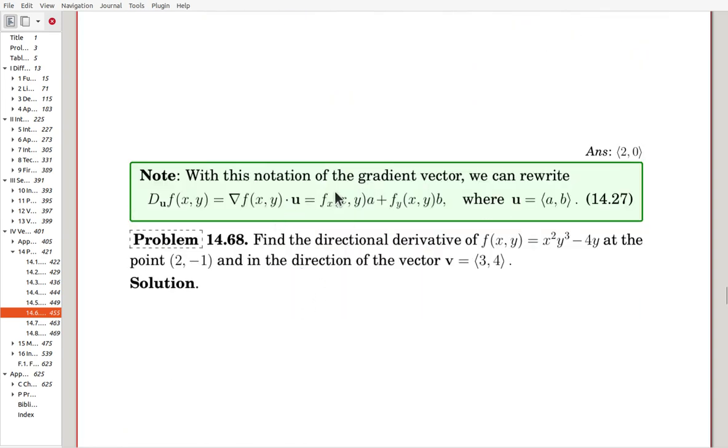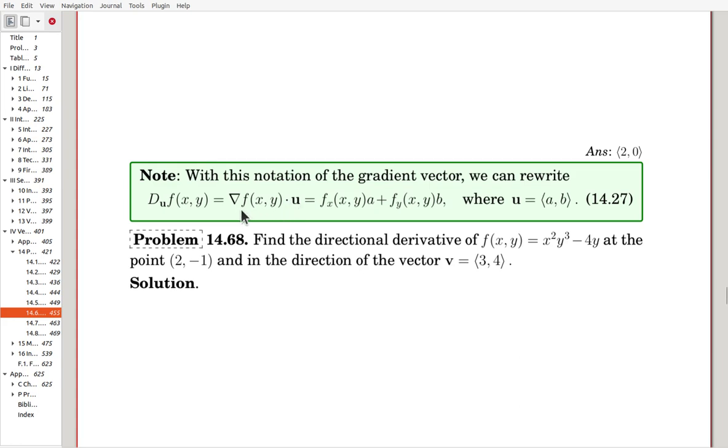With this notation of the gradient vector, we can write the directional derivative D sub u f in this way: gradient of f dot u. And if u is (a, b), the two components, then f sub x a plus f sub y b. Now, look at that one. The directional derivative, we can say in this way, dot product is projection to the vector.